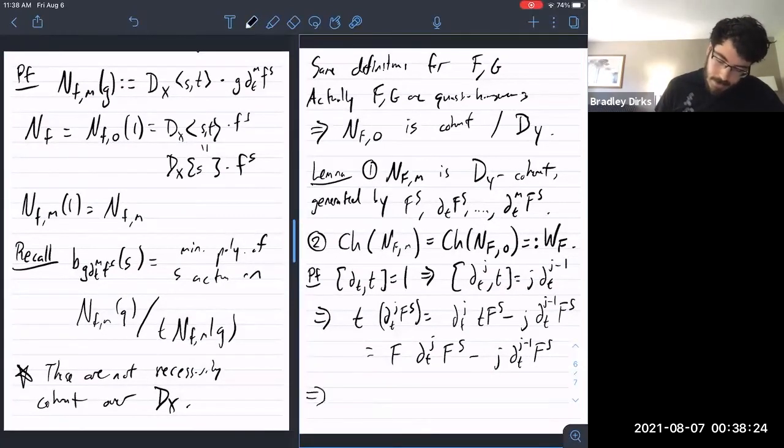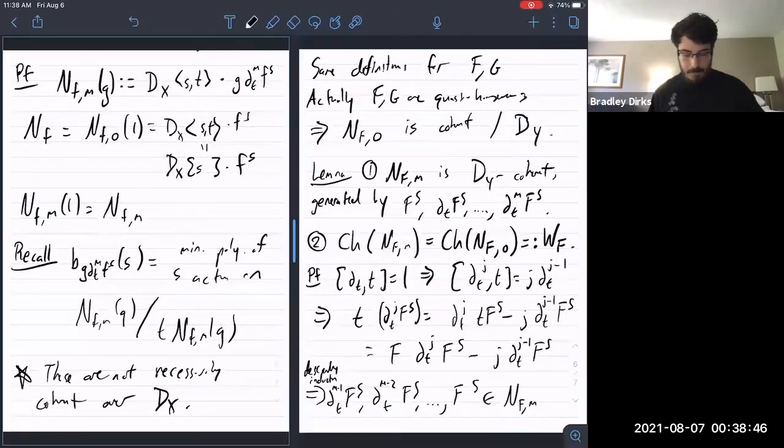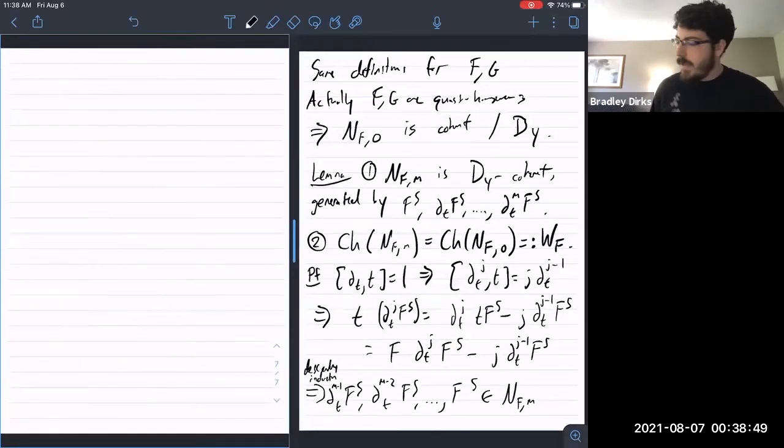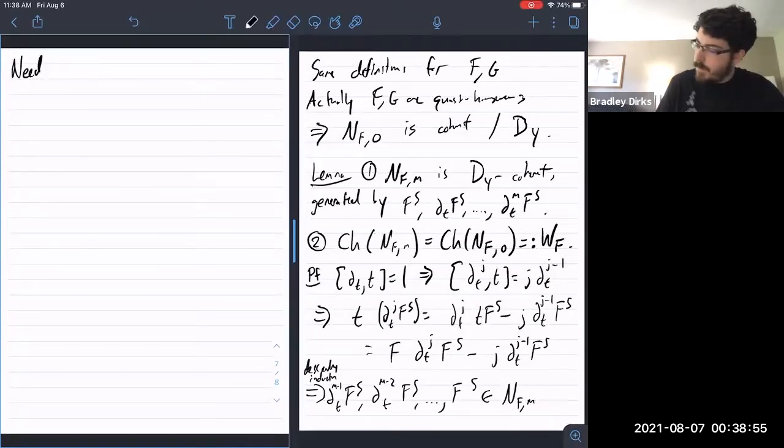So descending induction implies that D_t^{m-1} f^s, D_t^{m-2} f^s, down to f^s, these all lie in this N_F^m.